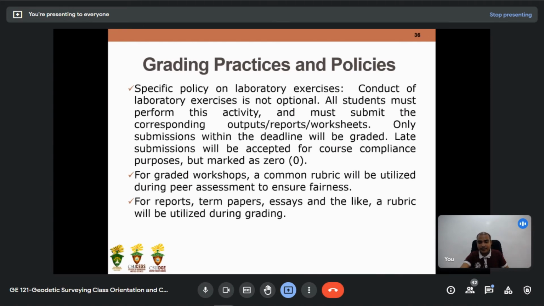Kung naay term papers or inyong laboratory report, or mga essay nga mga assessment, naay rubric nga gamiton. Pananglitan, sa inyong grammar, naay 5, 4, 3, 2, 1. Sa inyong level of content sa inyong report, naay 5, 4, 3, 2, 1 pod. So para ma-secure ang fairness sa grading.